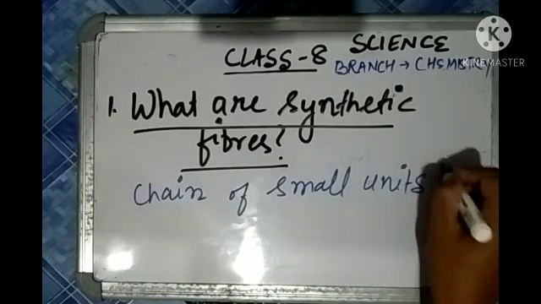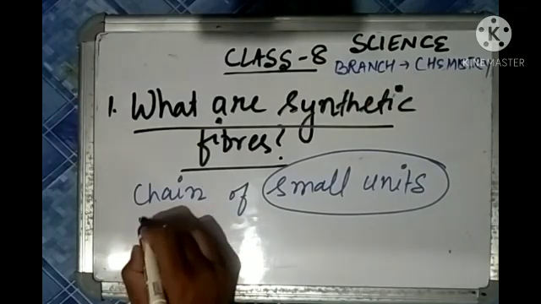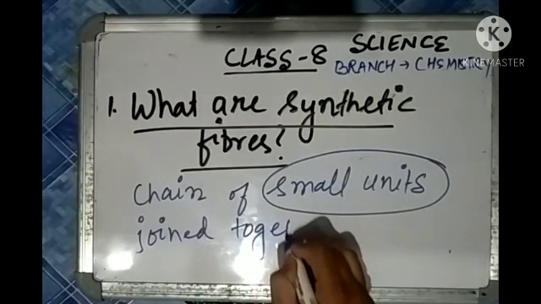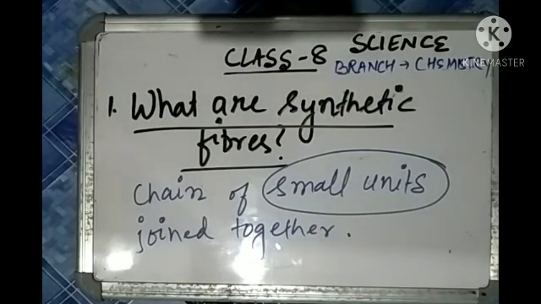These small units are chemical substances joined together. So synthetic fiber is also a chain of small units joined together.